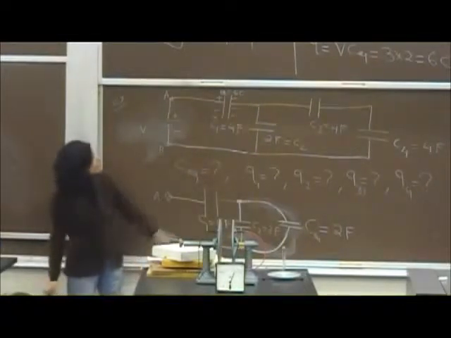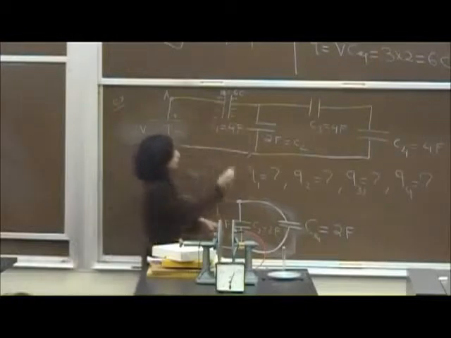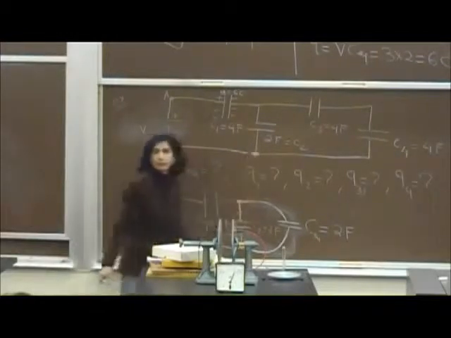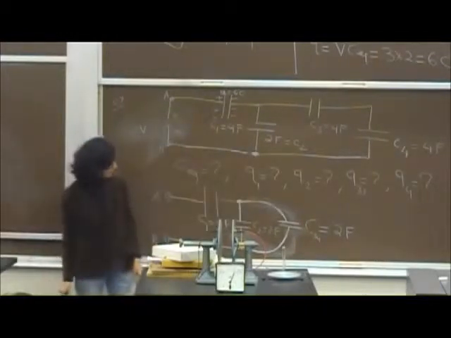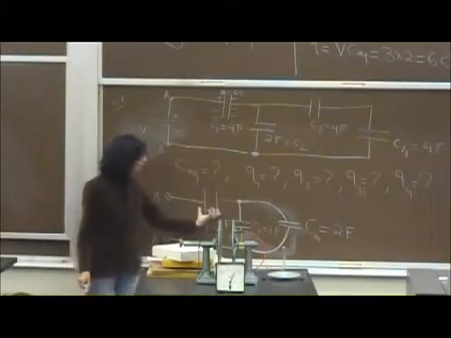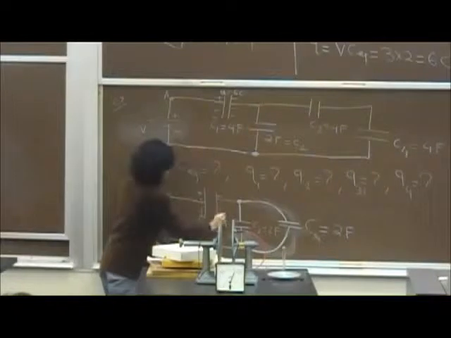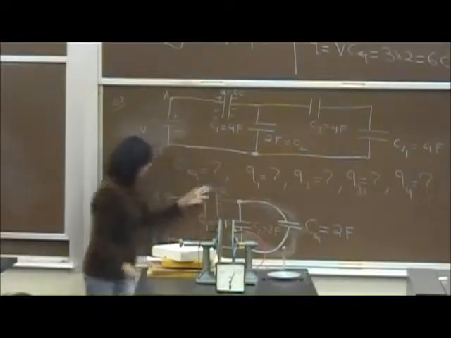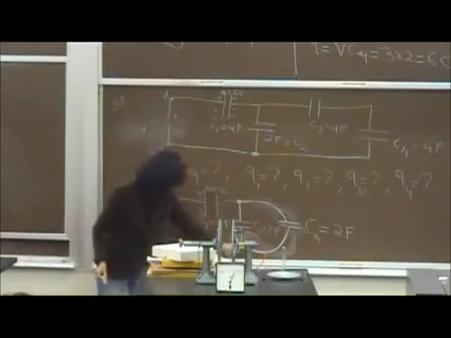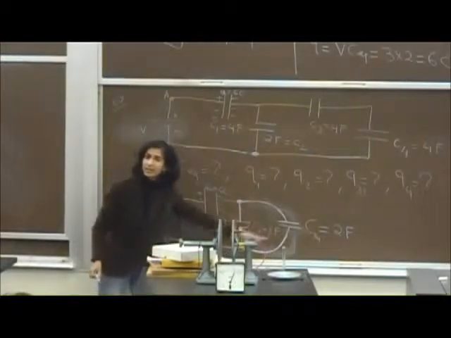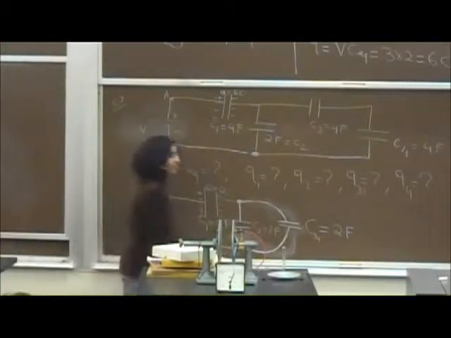Now here is the thing, so what will happen at this junction here? Because we are saying this thing will have a charge of 6 coulomb. This is this one, right? But what will happen to this 6 coulomb charge when it reaches this junction? Will it split? Yes, it will split.